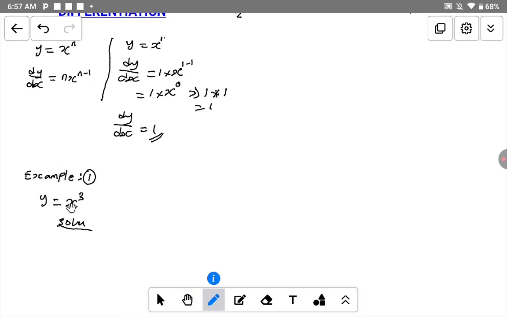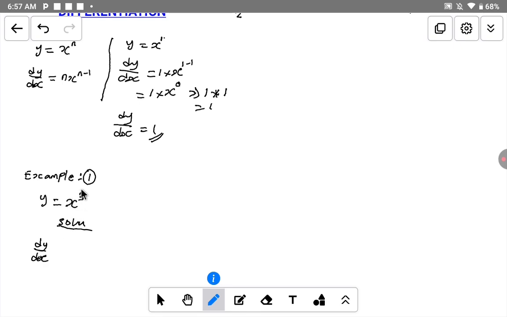Now to differentiate y with respect to s, dy/ds, we follow what I explained here. This one is just in this form, so we have the base here and the index here.